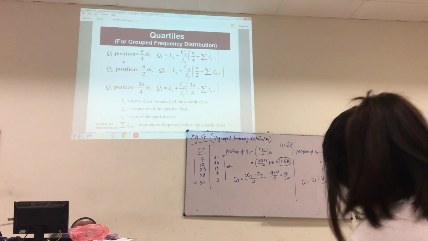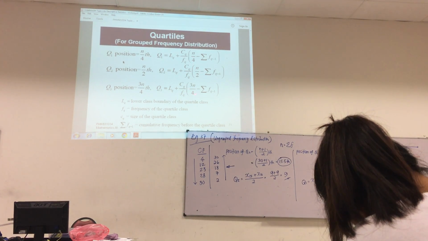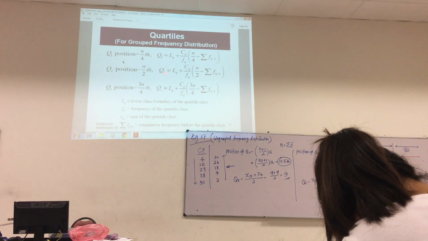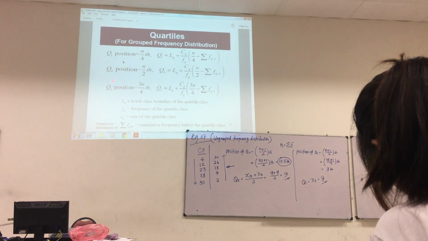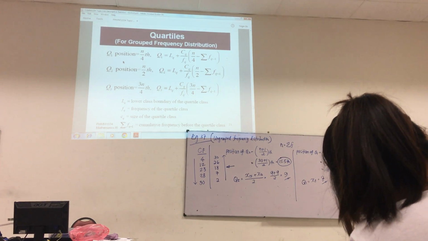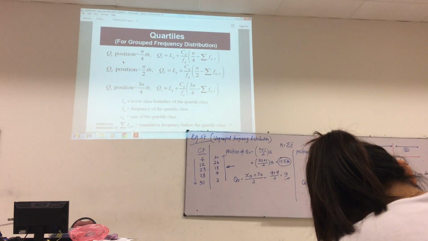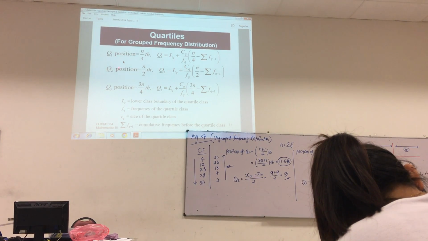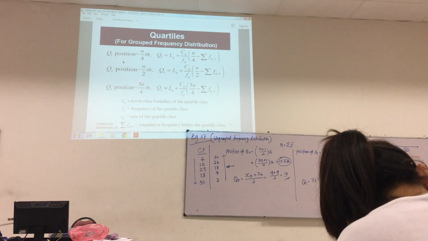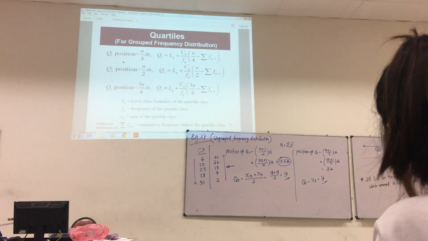All these terms, n divided by 4, n divided by 2, 3n divided by 4, refer to the positions of Q1, Q2, and Q3. That means no matter what, when you are calculating the value of quartiles for group data, we still have to find the position of Q1, where is Q1? Position of Q2, where is Q2, and so on.